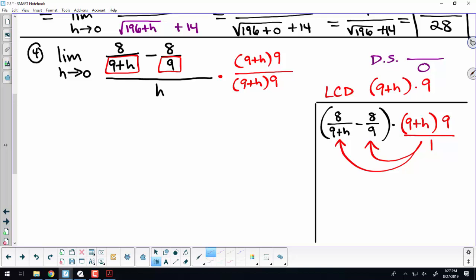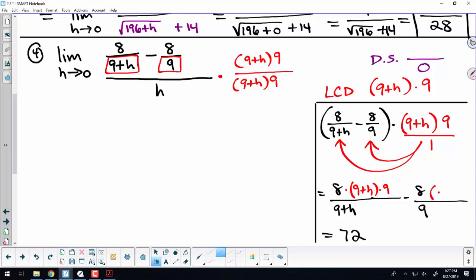So we can write it out explicitly. We have the 8 over 9 plus h times 9 plus h times 9. So what would that give us? 72, because the 9 plus h cancels out. We just have 8 times 9 up top, so that's 72. And then a similar thing here, we have 8 over 9 multiplied by 9 plus h times 9 over 1.